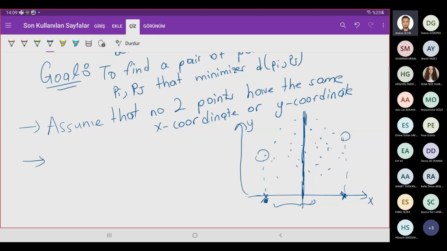There are three types of pairs now. For the ones on the left, I don't know how to do it yet, but I will find it recursively: the pair that has the minimum distance among all pairs that are on the left region. Find the minimum one. On the right, find the minimum one.